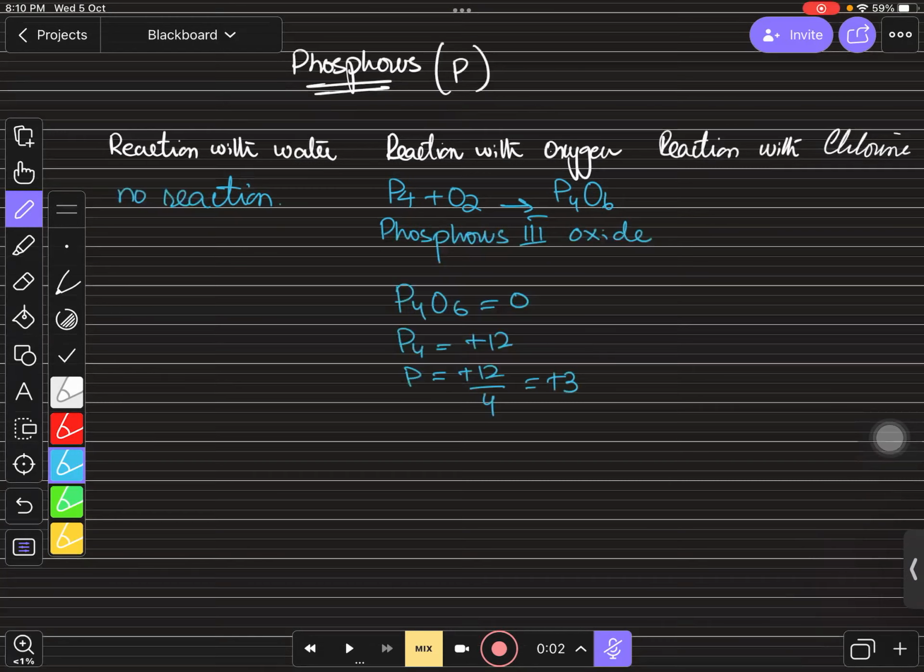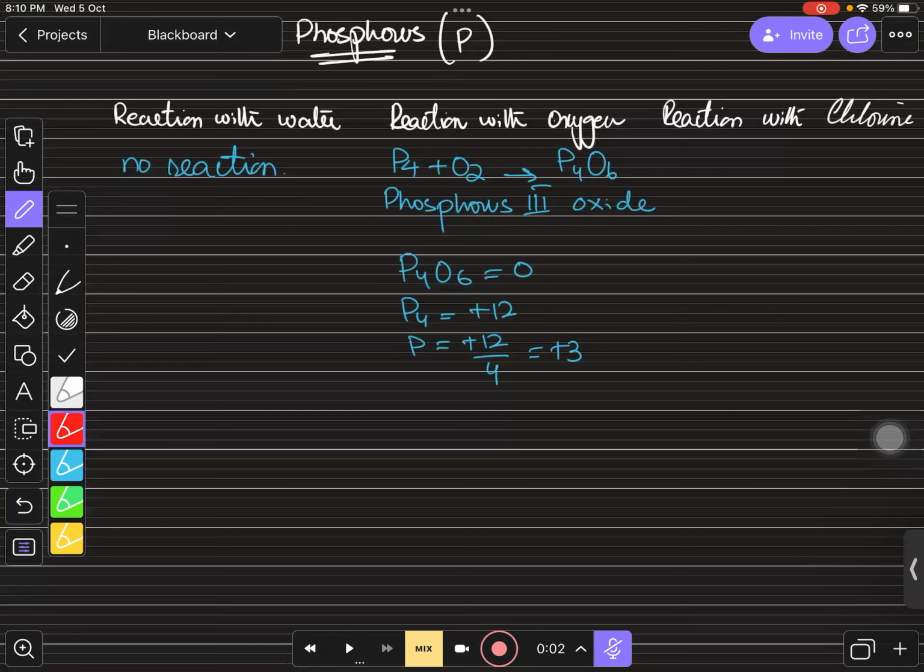And also, if I need to balance this, we need to write 3 over here, right? And also, phosphorus can react with oxygen in this way that they can form phosphorus pentaoxide. Phosphorus pentaoxide. And for the balancing, you can write 5 over here, right?